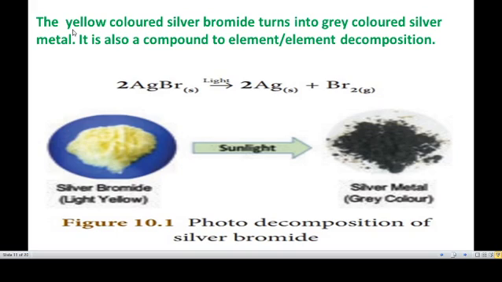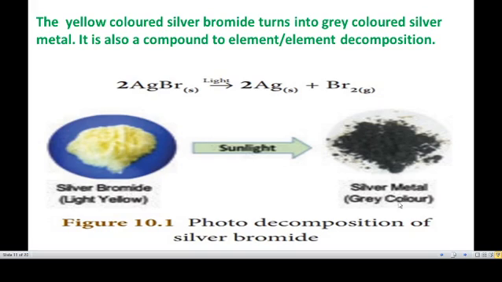In this reaction, the yellow colored silver bromide turns into grey colored silver metal. It is also a compound to element decomposition. Silver bromide is light yellow in color.